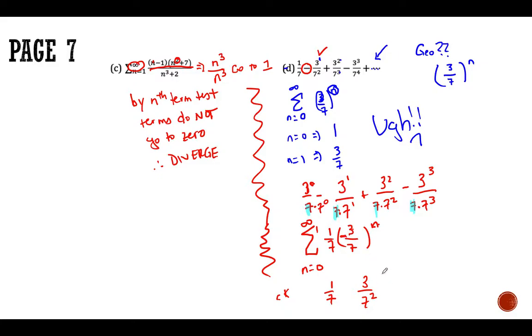What happens now? When you put in a 1 here, negative 3/7 to the 1st is negative 3/7 times 1/7, which is negative. How about when n is equal to 2?